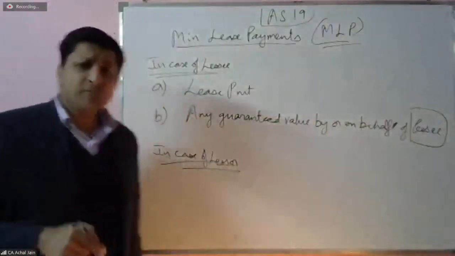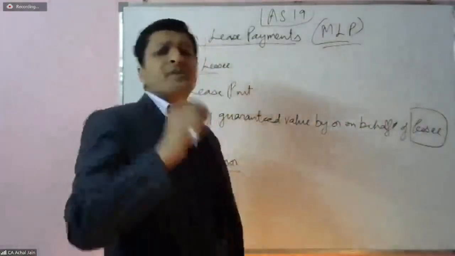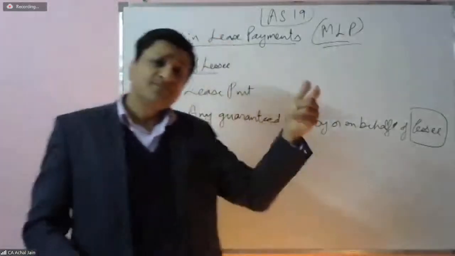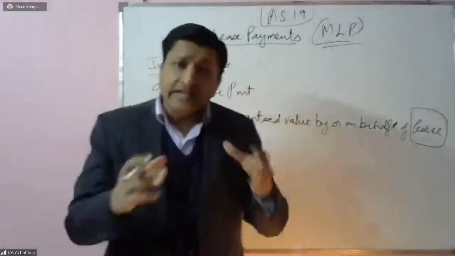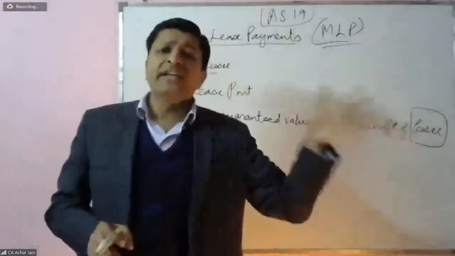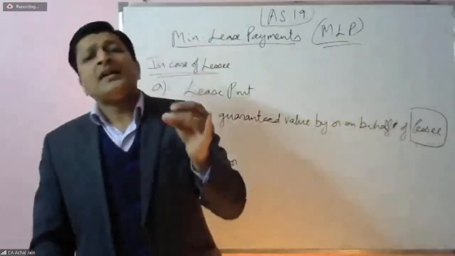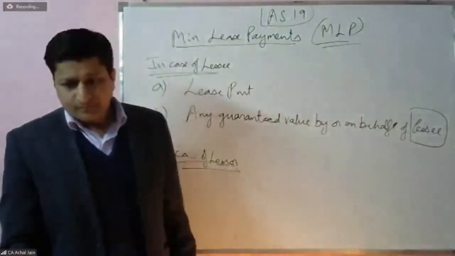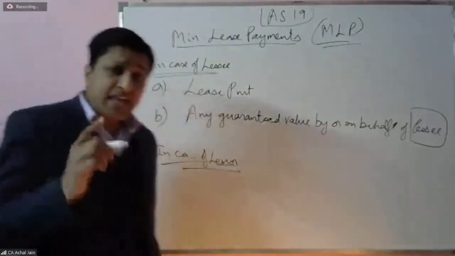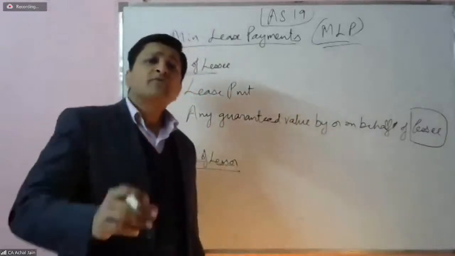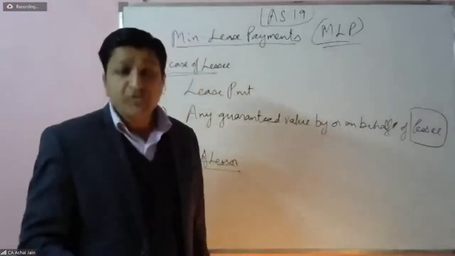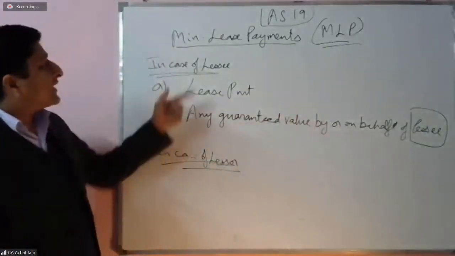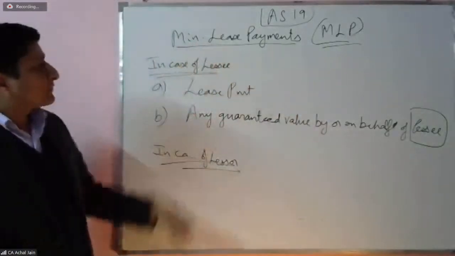Means if in the arrangement lessee is making the payments to the lessor, that will become MLP. Plus, if lessee has guaranteed that after the lease term is over, certain residual value of the asset will remain, which asset? Which has been taken on lease, then it will also get added to the MLP. Okay.